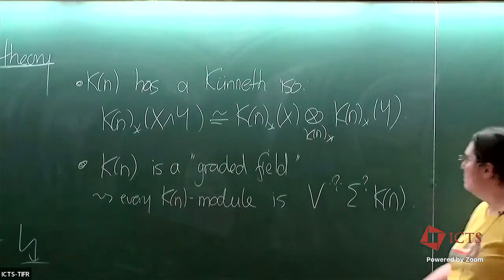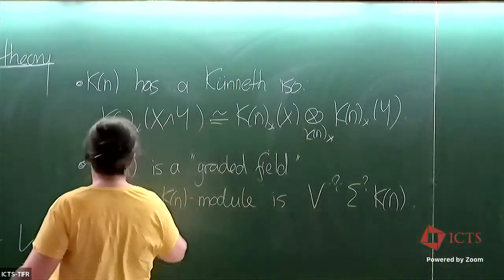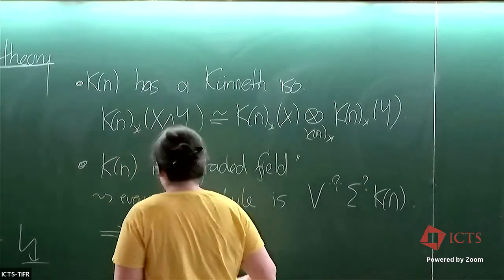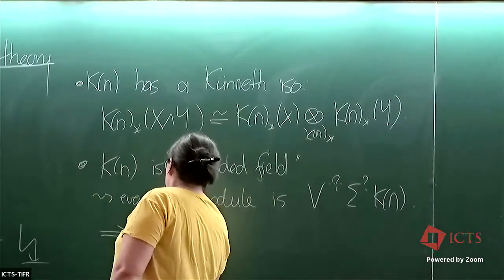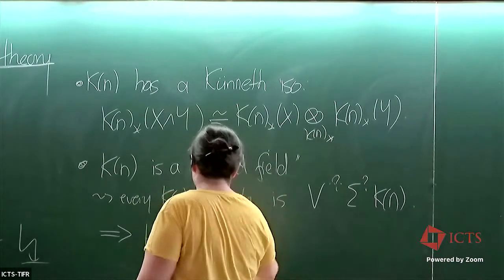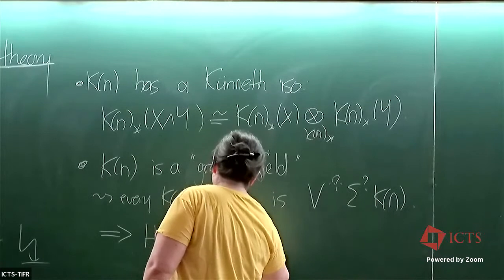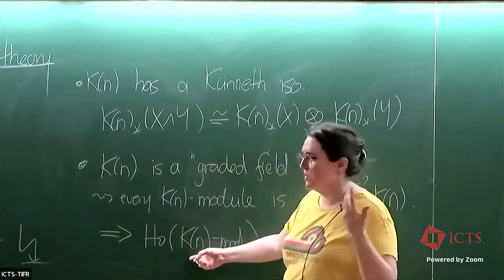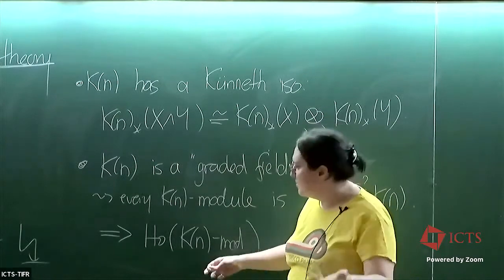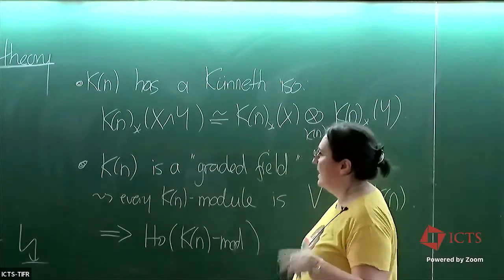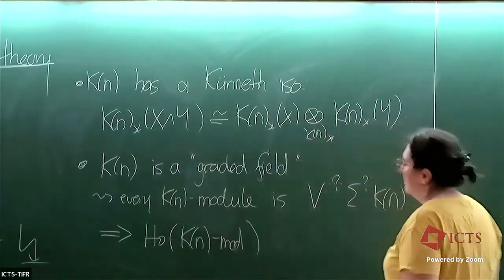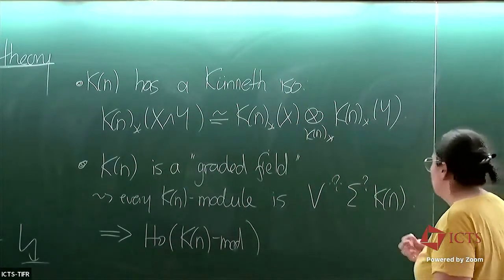And therefore, as a consequence of this, we get that if we take the homotopy category of K_n module spectra, so that's a ring spectrum, so I can look at modules over that ring spectrum, can put a model structure on that, and then I can form a homotopy category.